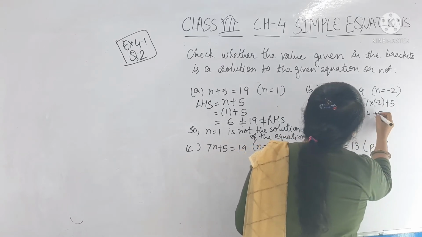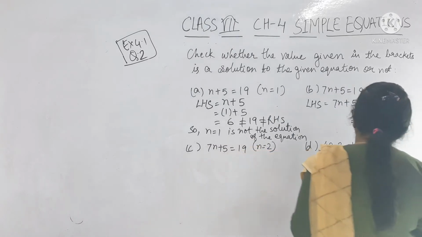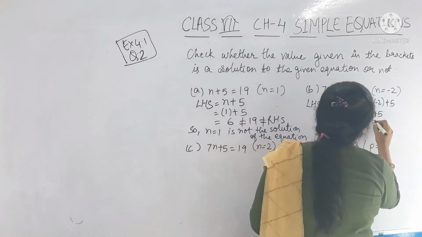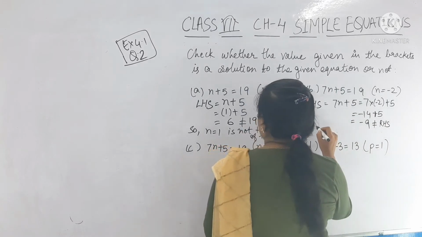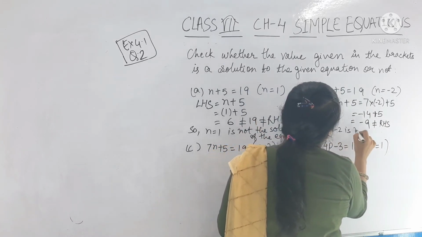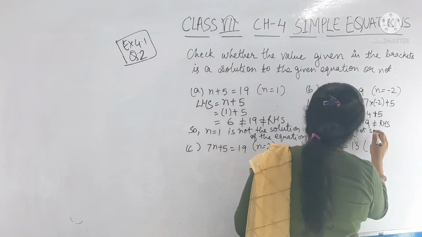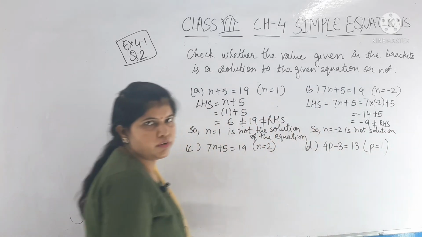So here this is minus 9. So that is not equal to RHS. So n equal to minus 2 is not the solution of the given equation.